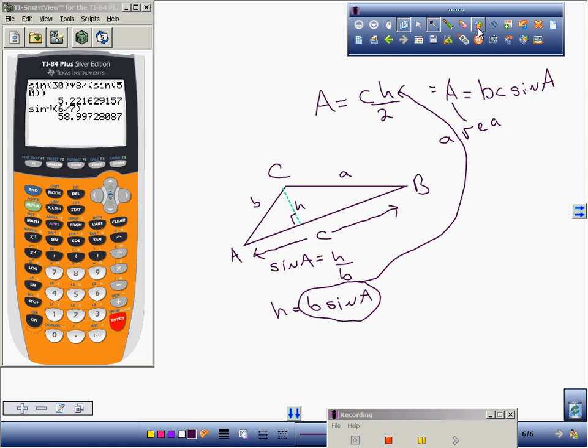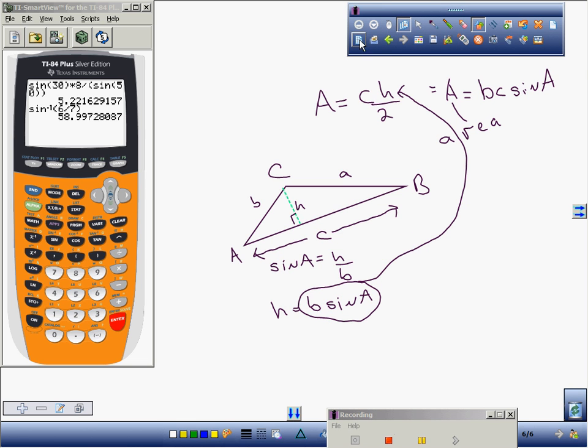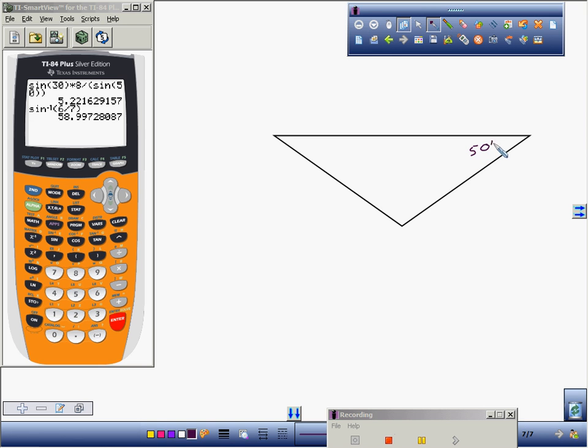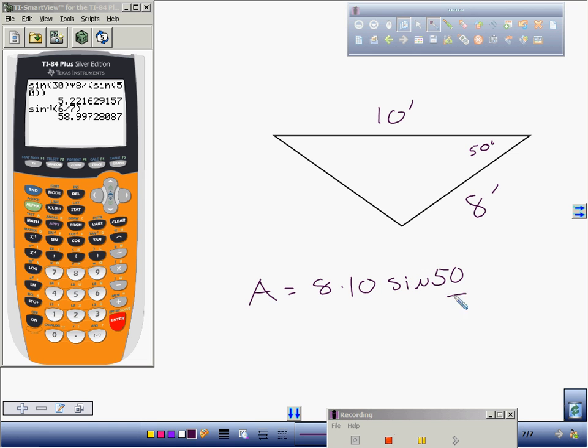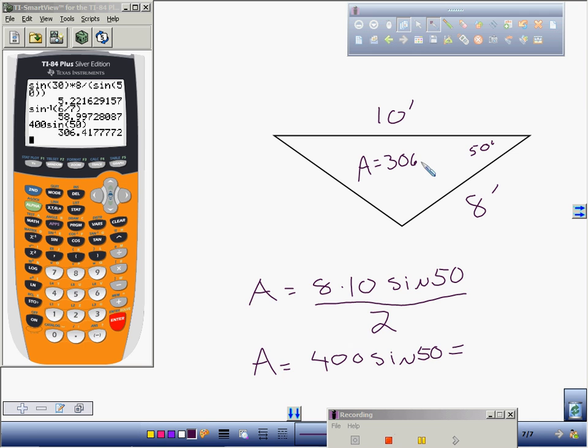So if I have a triangle that looks like this, with 50 degrees, and I plug that into my calculator, 400 sine 50, I would get that the area of this triangle is 306.41.